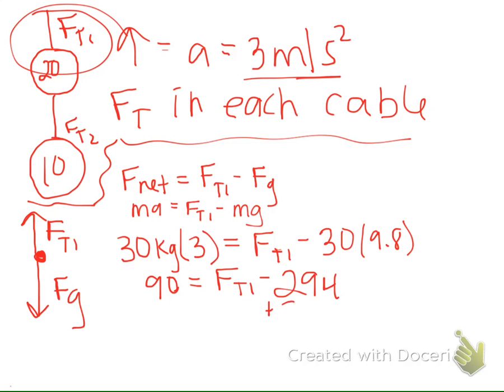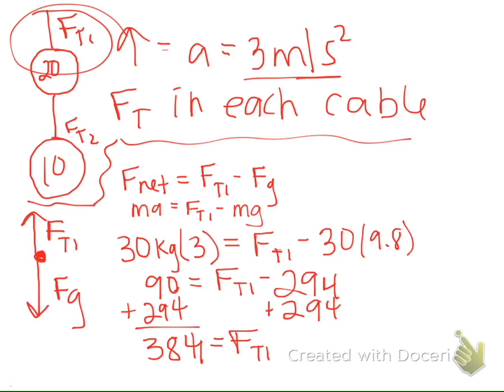Okay, so we add this 294 to the other side, and we get what? 384 equals F sub T1. Okay, and what's our units then? We're solving for the force of tension. Newtons. Okay, so that's the tension in our top cable.